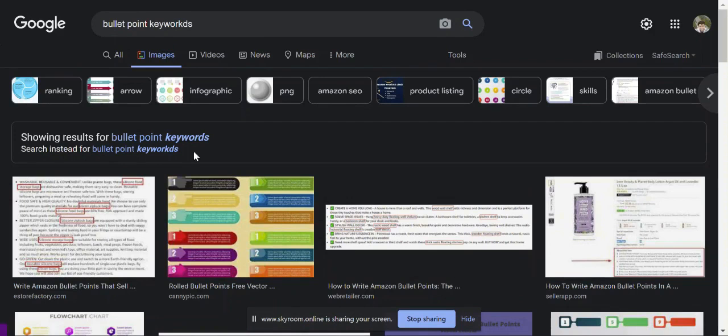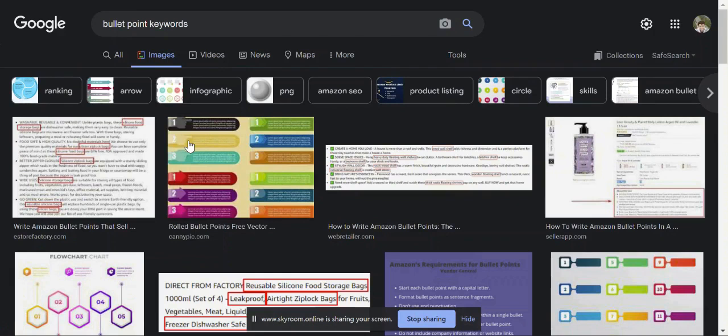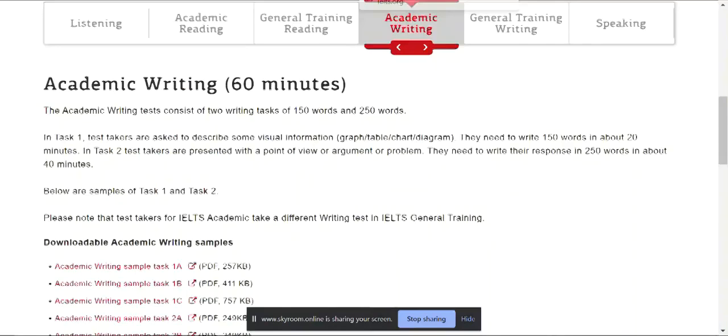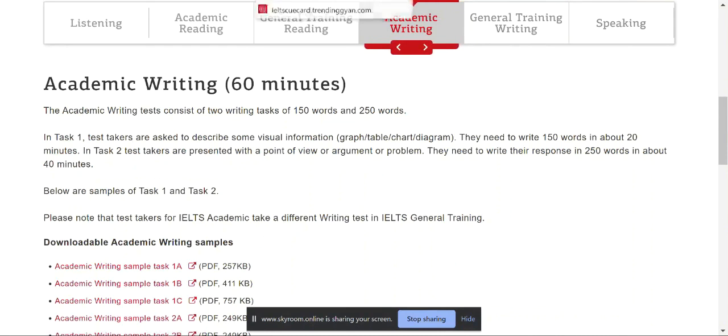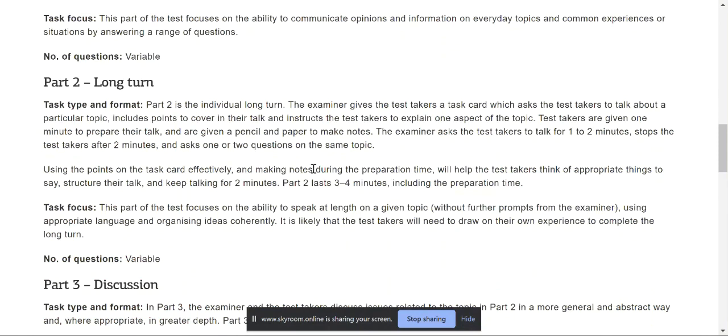Find one, two, three keywords for each question word, and then start to expand it with your story, with your idea, with everything you want.